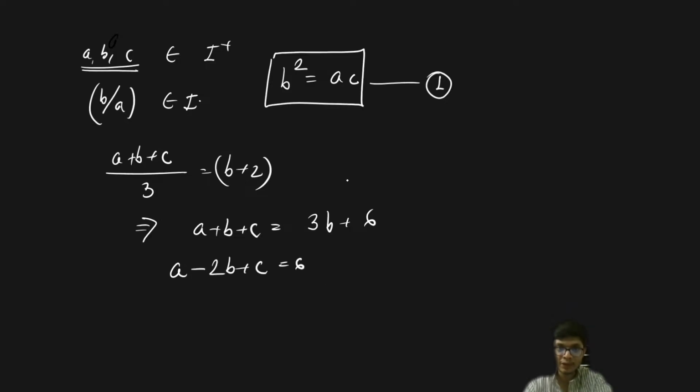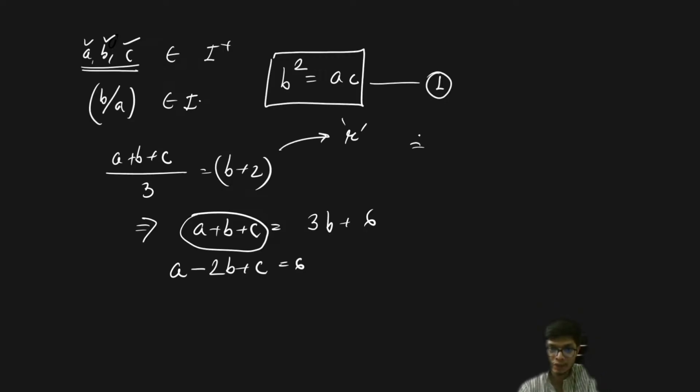Now you know that these three numbers are in GP, so let us consider the GP has a common ratio r. What you can do is write it as a plus ar plus ar squared. Why I am doing this is that if you consider a as the first term, then these will be the consecutive terms, a, ar and ar squared.